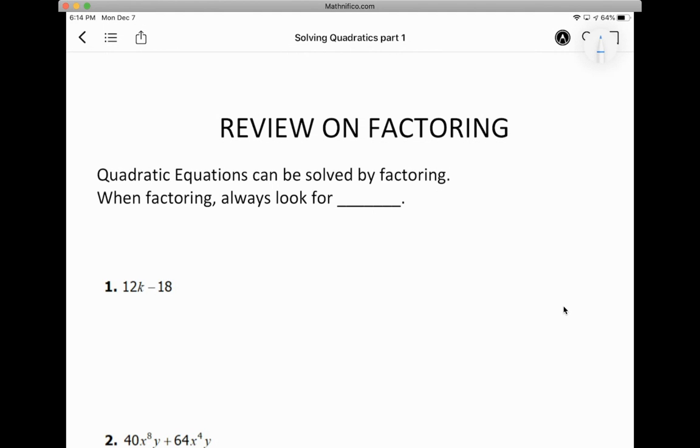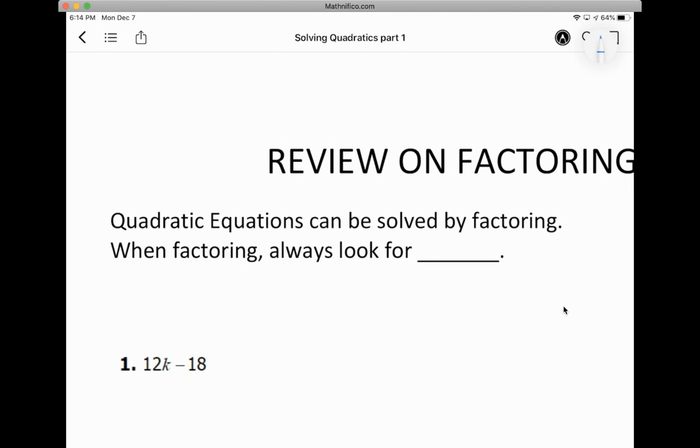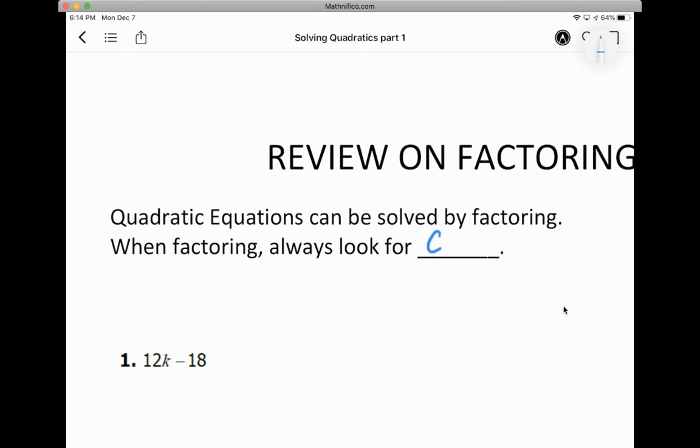When you are factoring, what do you always look for? You will always look for what you call the GCF. GCF stands for the greatest common factor. But how do you solve for the greatest common factor?